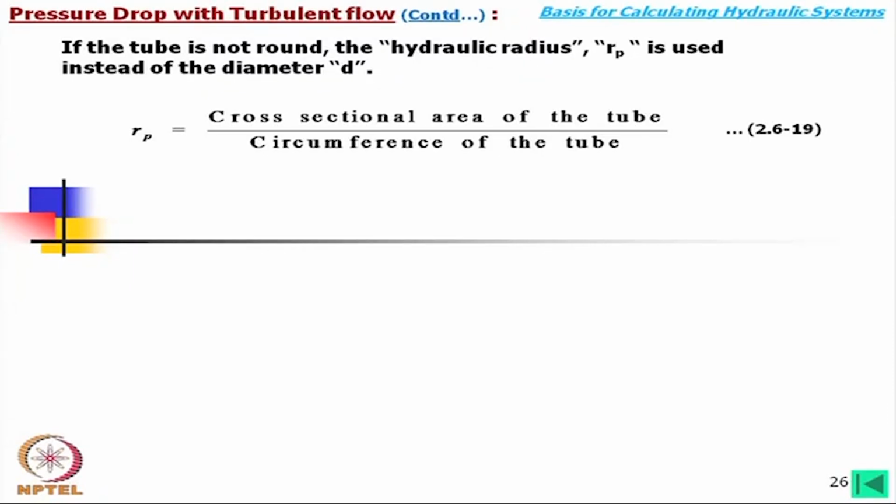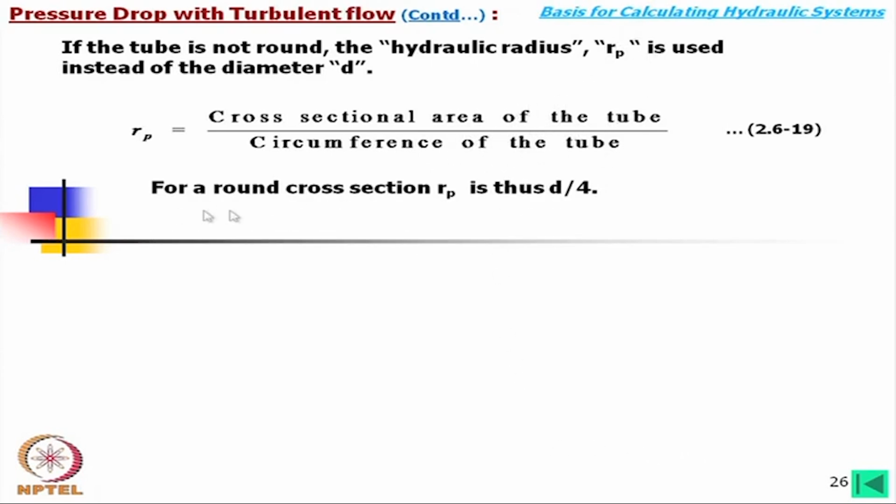And also, while calculating this Reynolds number, we have to calculate the hydraulic diameter. In that case, the hydraulic radius R_h is used, which is the cross sectional area of the tube divided by the circumference of the tube.